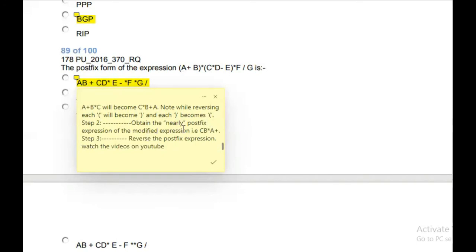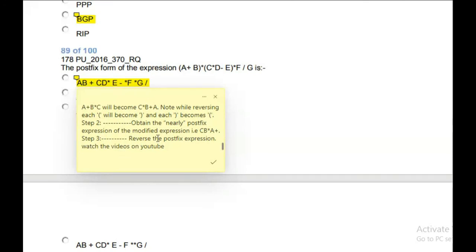So obtain the nearly postfix expression. Find the postfix expression using the infix to postfix conversion we discussed. By those steps, find the postfix expression. Step 3: reverse the postfix expression. Watching videos on YouTube is better.